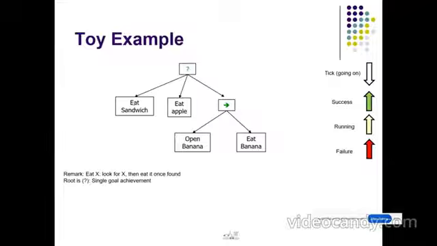However, if you are not successful, and this depends on, let's say, the current situation in the game, now you can go and try to find an apple and eat it. If you are successful, you're done and you are fine. Otherwise, if none of these is found, you can go to a banana, and if you find a banana, you can open the banana and eat it.